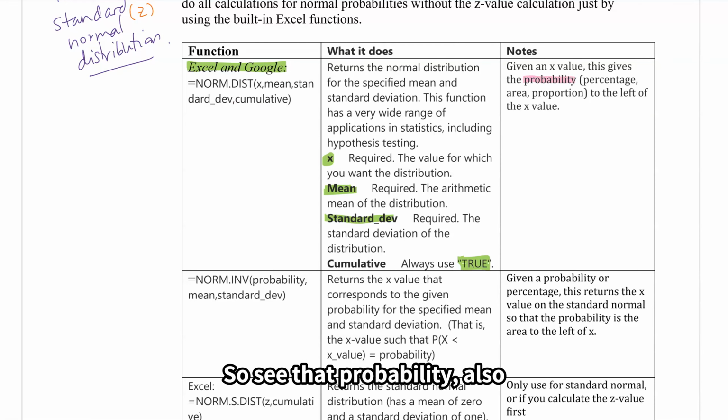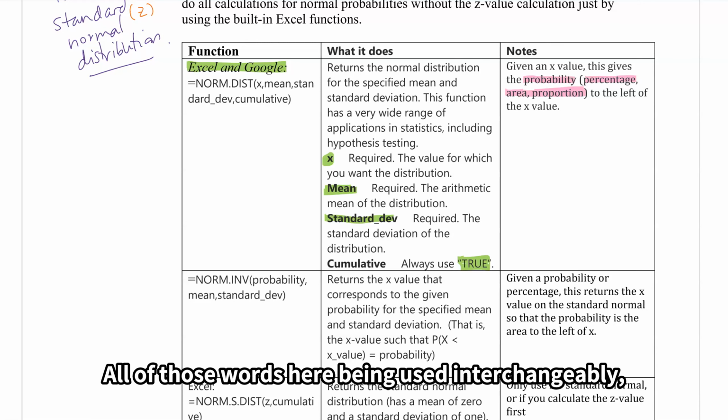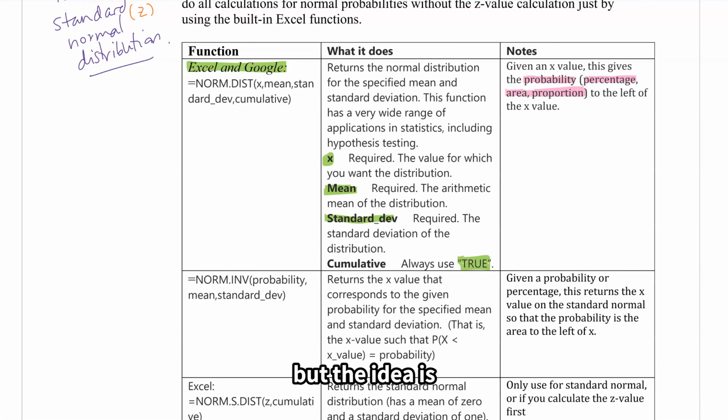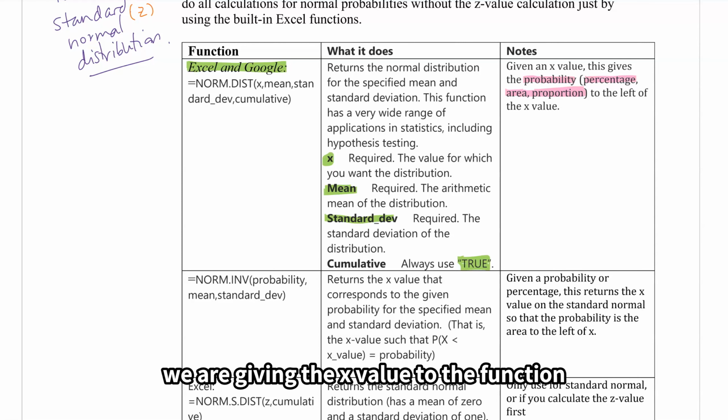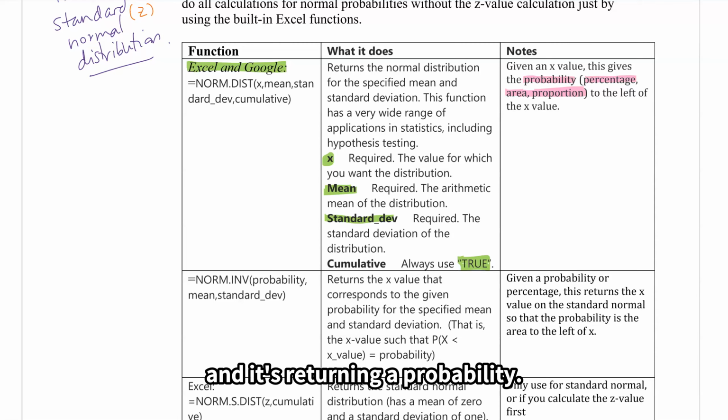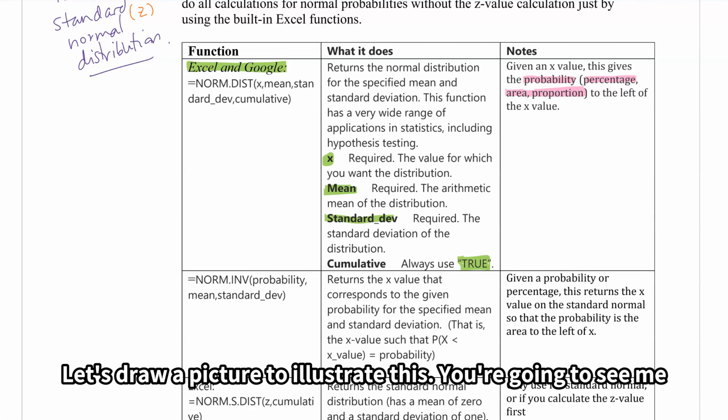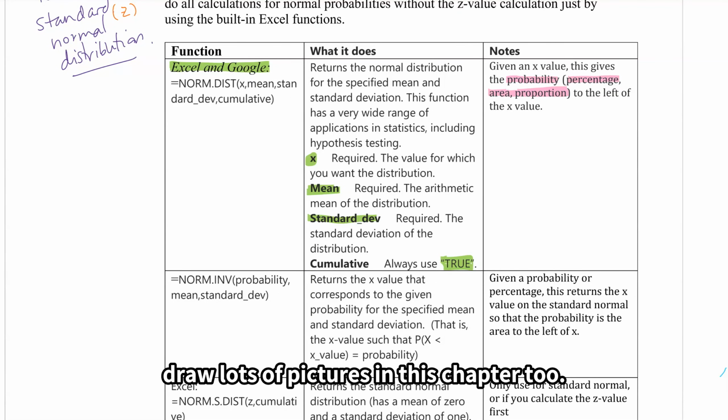So see that probability, also percentage, area, or proportion, all of those words here are being used interchangeably. But the idea is we are giving the x value to the function and it's returning a probability. Let's draw a picture to illustrate this. You're going to see me draw lots of pictures in this chapter too.